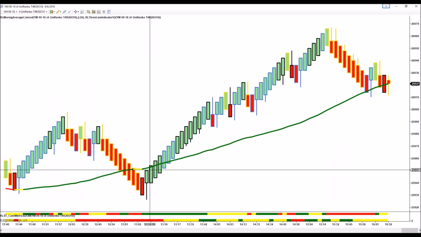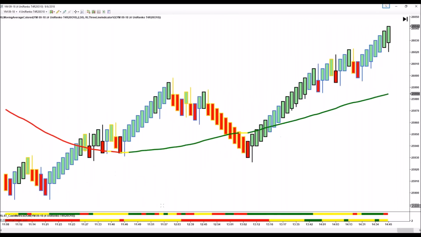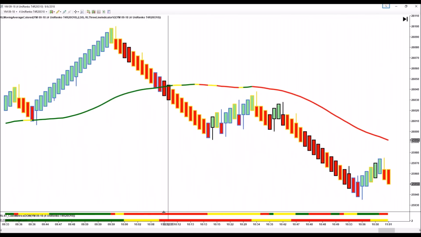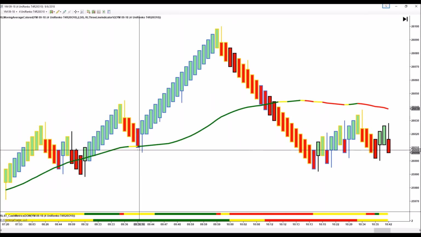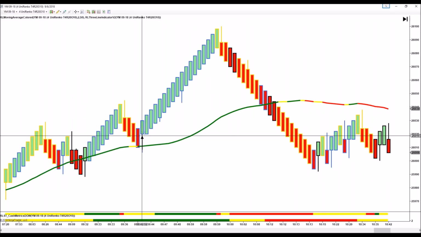Now remember, we moved the two lines to one, and the predictive value that we're looking for is both lines being together. I can't tell you what the analysis is, but you're going to get a long trade here.